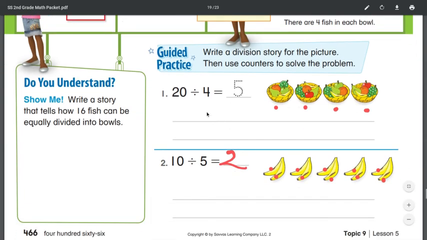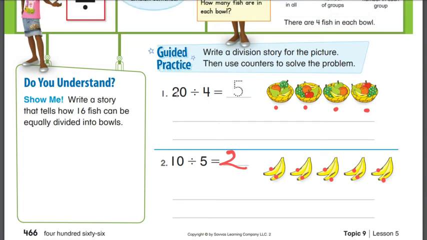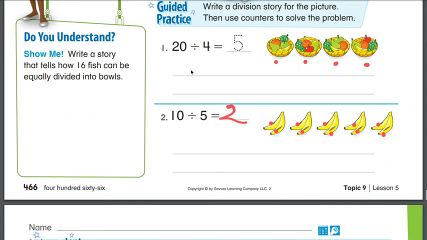For the fruit right here, I didn't write these out because it would have been too long. We would have 20 pieces of fruit to put into 4 bowls. That's going to allow us to have 5 pieces of fruit in each bowl, as you can see in the picture. So a story you could write: I have 20 pieces of fruit.